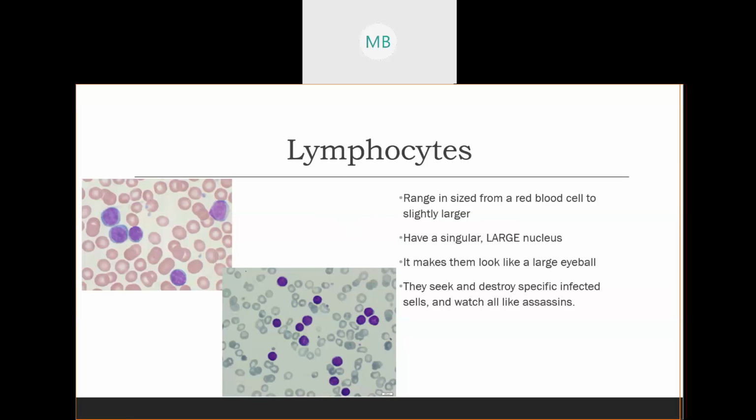A branch of them are called natural killer cells. Think of them as assassins and they are always watching for the evildoers that would attack your body. They look like a large eyeball. They are the secret assassins that watch everything. So your lymphocytes look like large eyeballs, and they're always going to look really dark compared to the red blood cells.